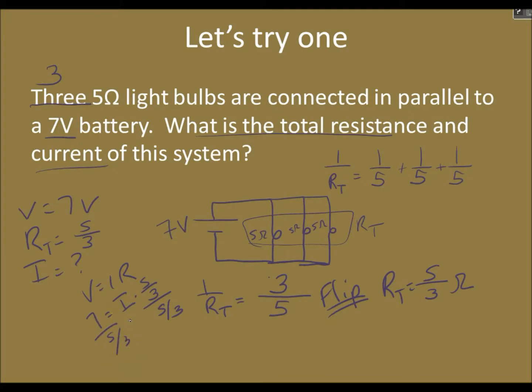And 5/3 is the same as, if we were to put that into decimal form, that's the same as 1.7 ohms. So 7 divided by 1.7 equals I equals 4.1 amps.